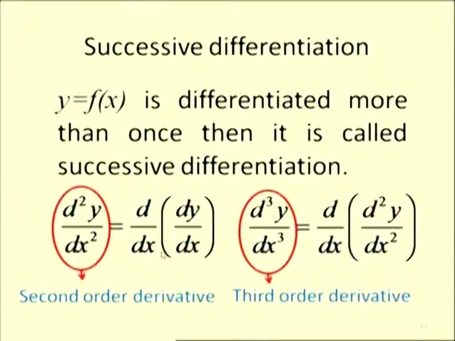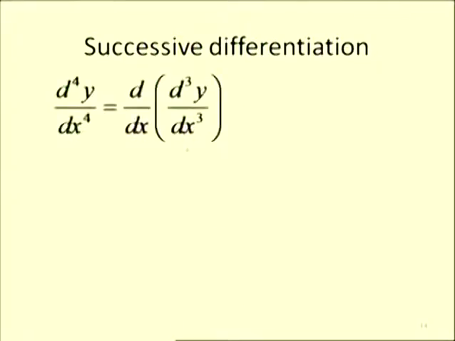Second order derivative means we differentiate y which is equal to f(x) 2 times, and d3y by dx3 means we differentiate y with respect to x 3 times. In general, we can have the fourth order derivative, that is the derivative of the third order derivative d3y by dx3 with respect to x, known as d4y by dx4.